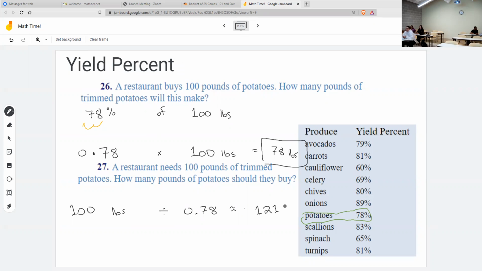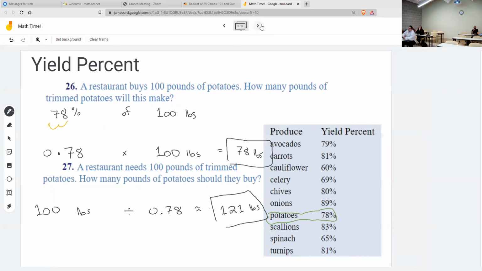About 121. Yeah. So I need to go to the store and buy 121 pounds. And then by the time I trim it, I'll be down to the 100. Does that make sense?